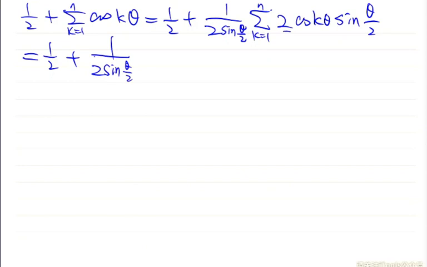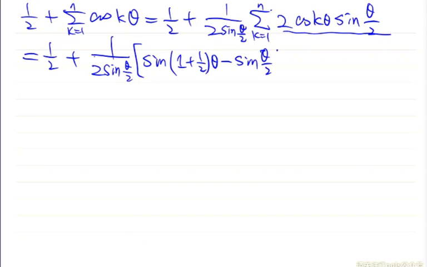Then when k equals 1, what's this? When k equals 1, this is sine(1 plus a half)theta minus sine(1 minus a half)theta. This is for k equals 1.